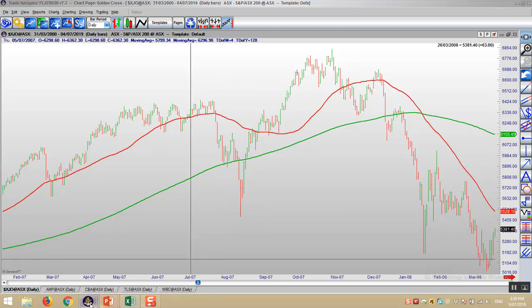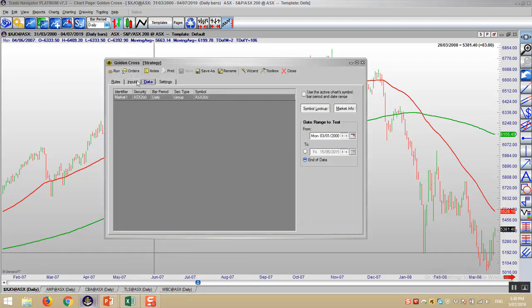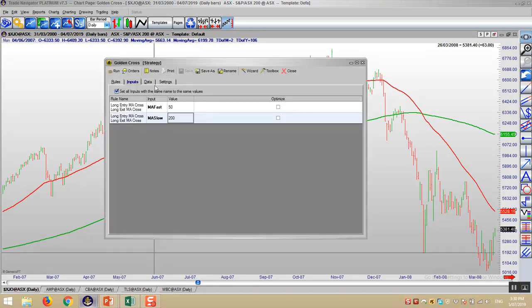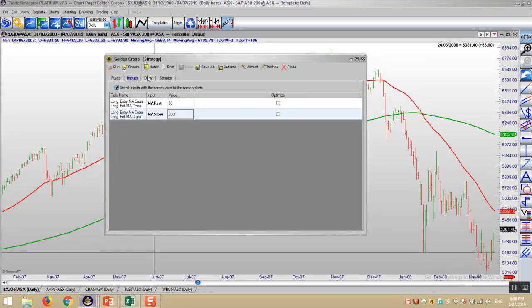We've now put this rule and conditions into a strategy for testing. If you have software that allows you to do some testing, you can do exactly the same. We just want to establish the combined overall results across our basket. In this case, we're going to test all 200 stocks on the ASX 200.